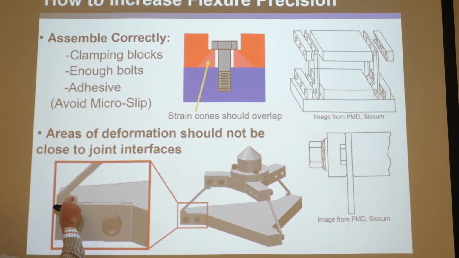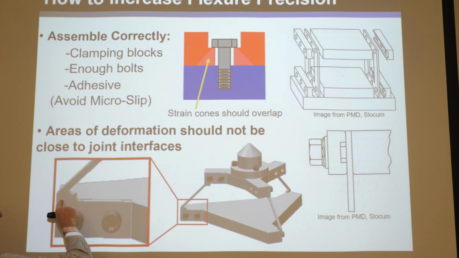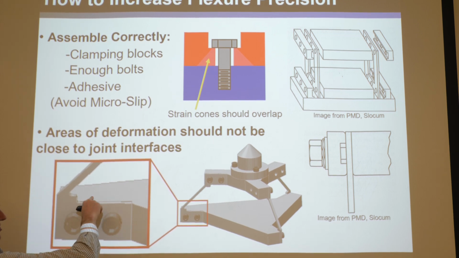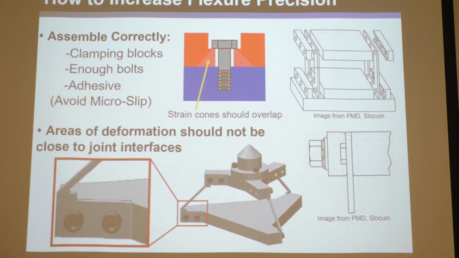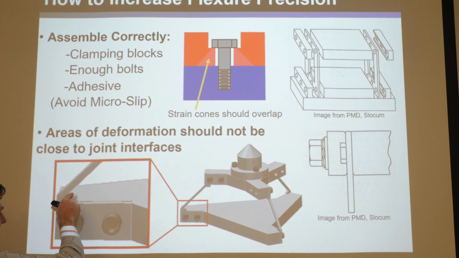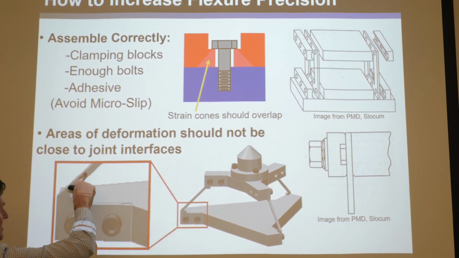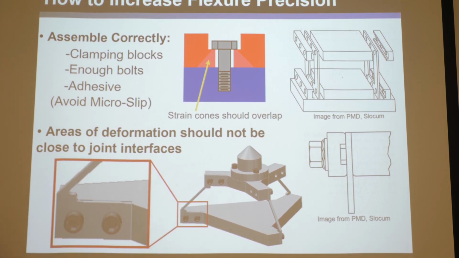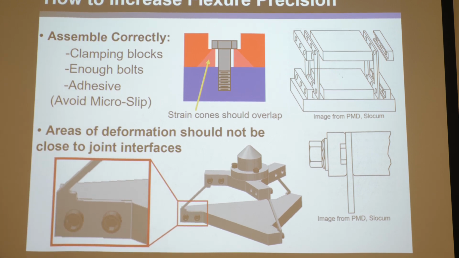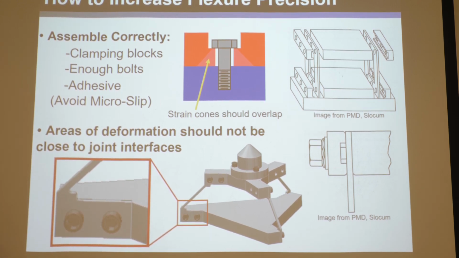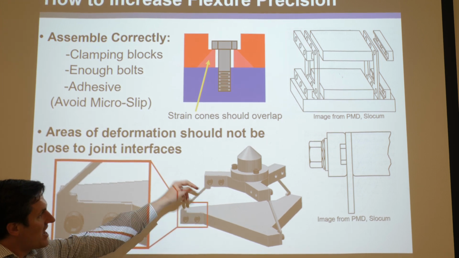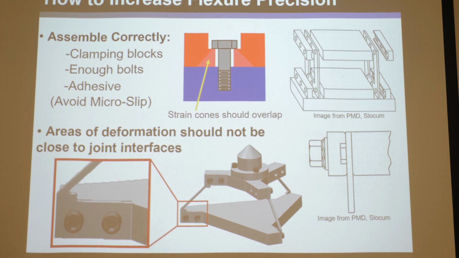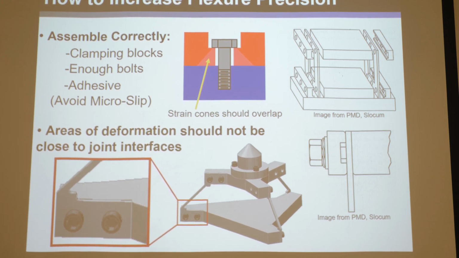If I didn't have that little tab, and I just had this wire connect directly in there, then it would deform right there, which is at the interface of this piece and that piece, which means it would make microslip. But if I put this little tab here, and I basically terminate the base of the flexure here, then this is much stiffer, and most of the strain will occur right there, which is above the joint. So you can use these little tricks to artificially raise where the max strain is, and take the max strain and move it away from the joint, because you don't want microslip, or it'll kill your precision.